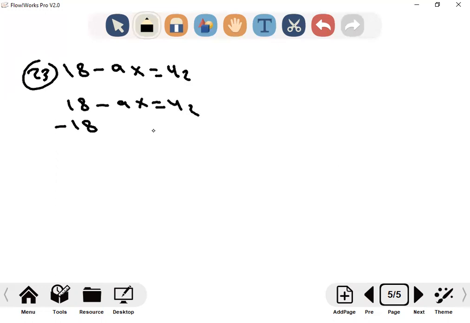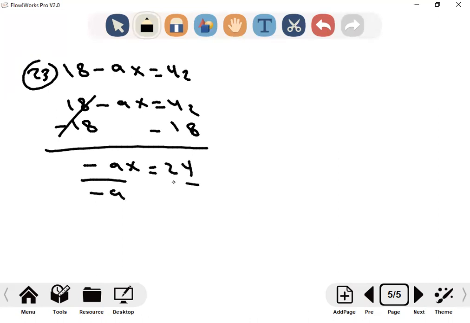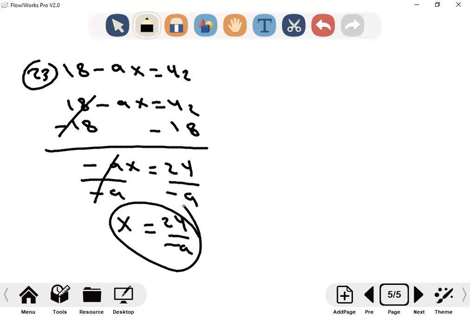So subtract 18 on both sides. Negative ax equals what? 20. Divide by negative a. What is the problem? Else? Yes. Else?